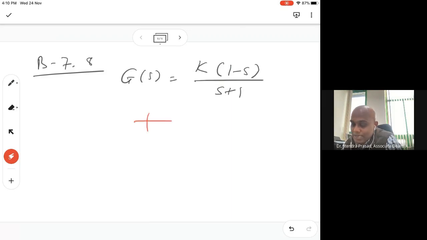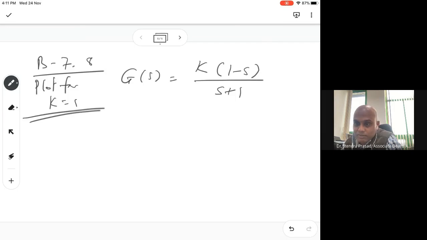Once you have the Nyquist diagram, you can just multiply by K and plot it. So we always plot for K equal to 1. So we have G(s) equal to (1 - s)/(s + 1).